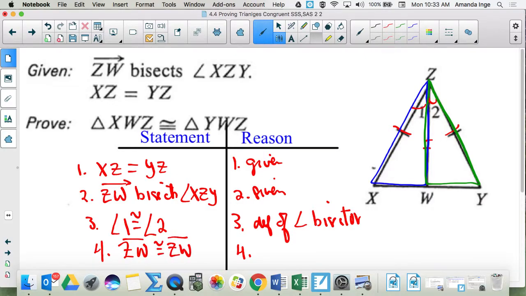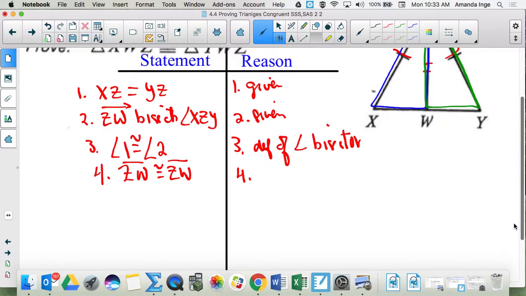And what would be the reason? Anybody remember? Come on, somebody must remember the reason. ZW is congruent to ZW.